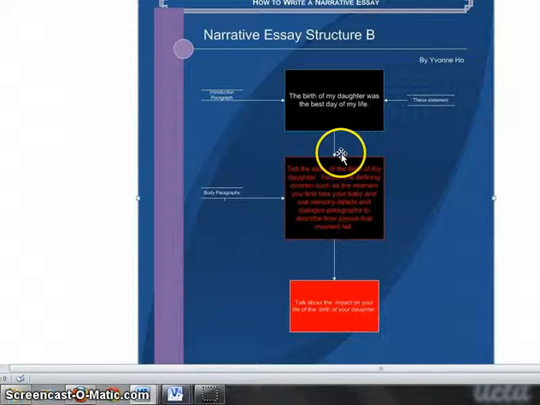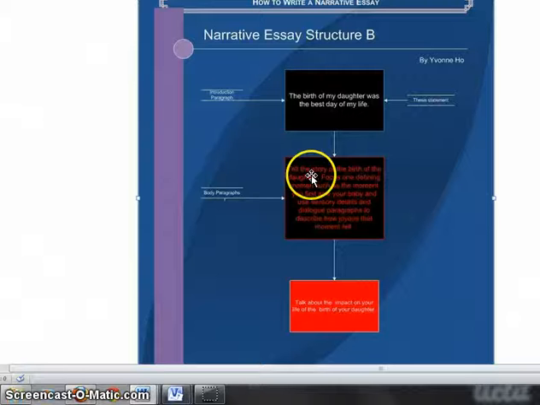And then instead of telling me 3 reasons like you do in structure A, in structure B you just tell me one moment of your life, and then you use sensory details of smell, taste, all 5 senses, and you describe to me the moment, one central moment in your life that defines this topic. And so here, in the birth of the daughter, the moment that you first saw your daughter's face, what did that feel like?